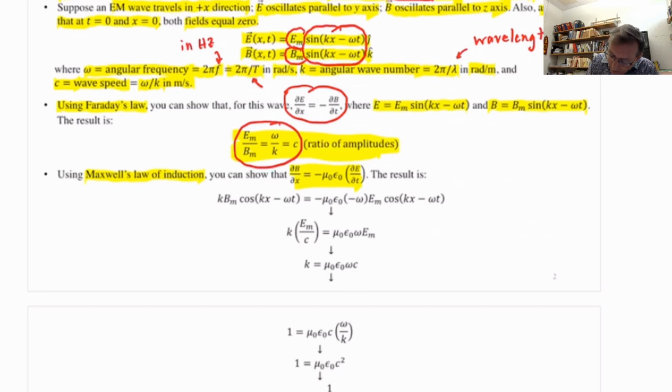And note the presence of both the magnetic constant and the electric constant. So you do those partials, and you get the next line. This is the partial of B with respect to x right there, and this right here is the partial of E with respect to t. Those two sides must be equal for all values of x and t.